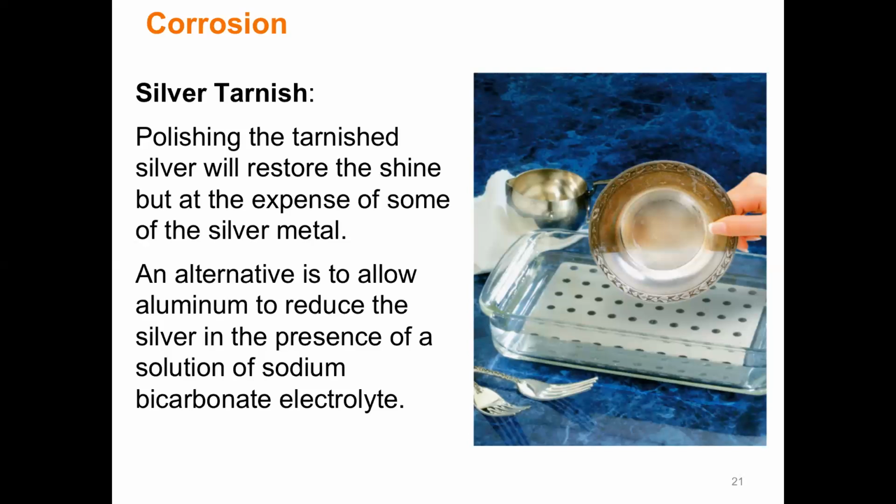So you're just exchanging the metal with the sulfide for the salt, and in so doing, you're not going to lose your silver. It just gets converted back to silver solid, and you're not going to polish it away. That's the idea here. Eventually you'd have to get a new aluminum plate, but that's easier to replace than your silver, whatever it is that you're trying to get rid of the tarnish on.